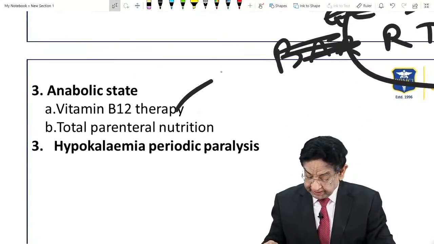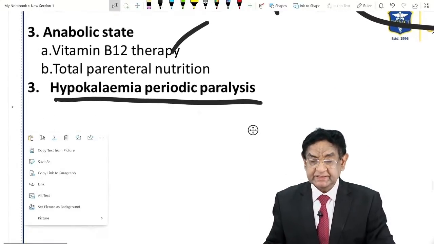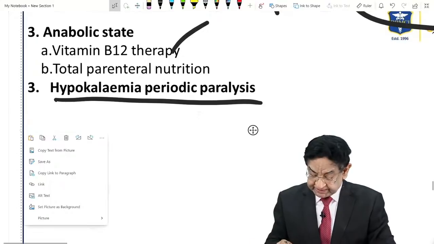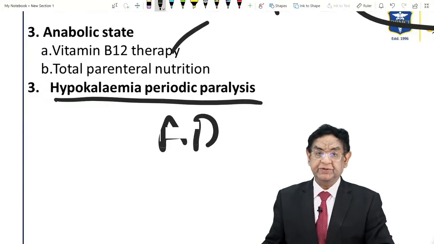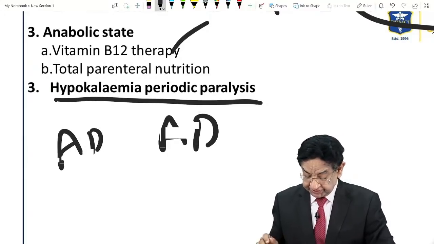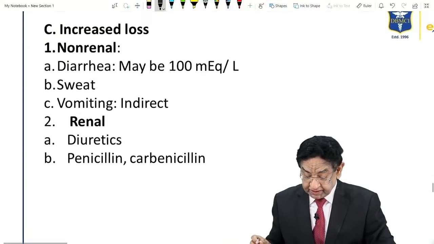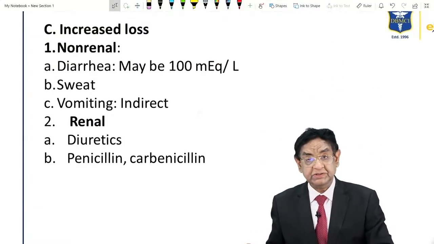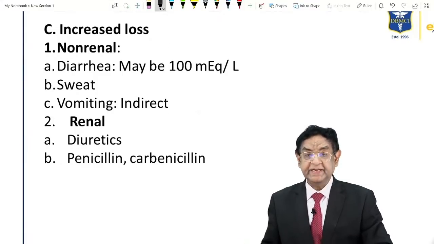Then I talked to you regarding B12 therapy, and hypokalemic periodic paralysis is again a cause. This is a genetic, autosomal dominant condition which can lead to hypokalemia. There can be increased loss, renal loss, diuretic, or non-renal loss in diarrhea.